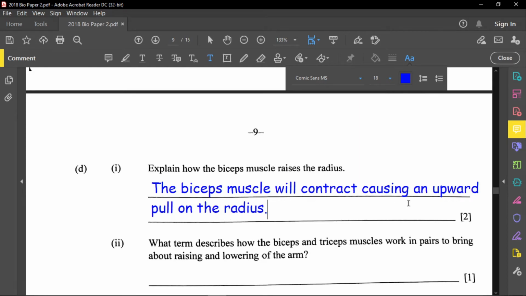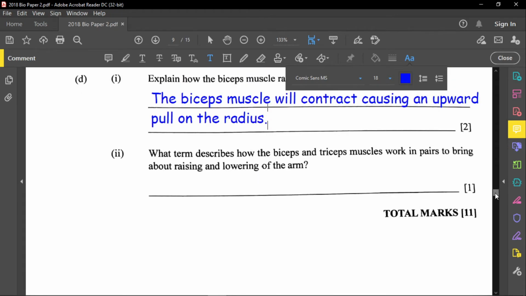Okay, great. Now the other part here said what term describes how the bicep and tricep muscle work in pairs to bring about raising and lowering the arm. When one is contracting, the other one is relaxing.